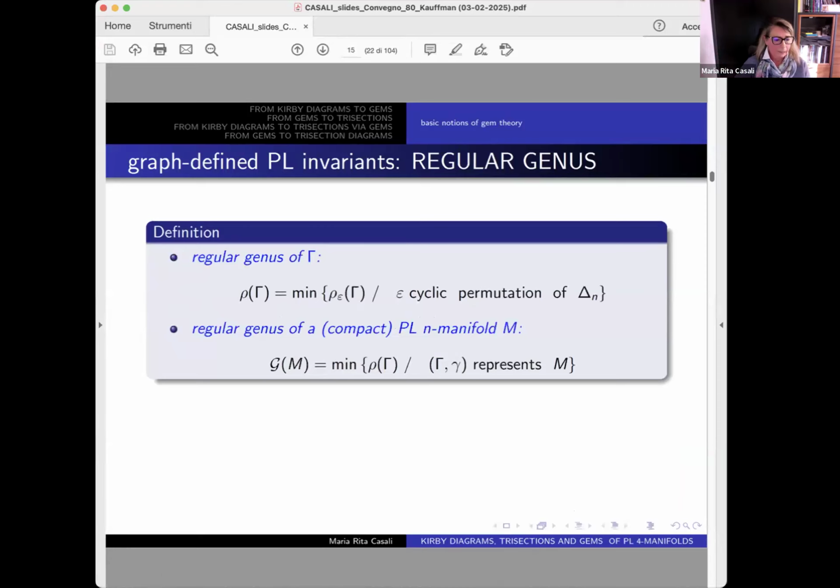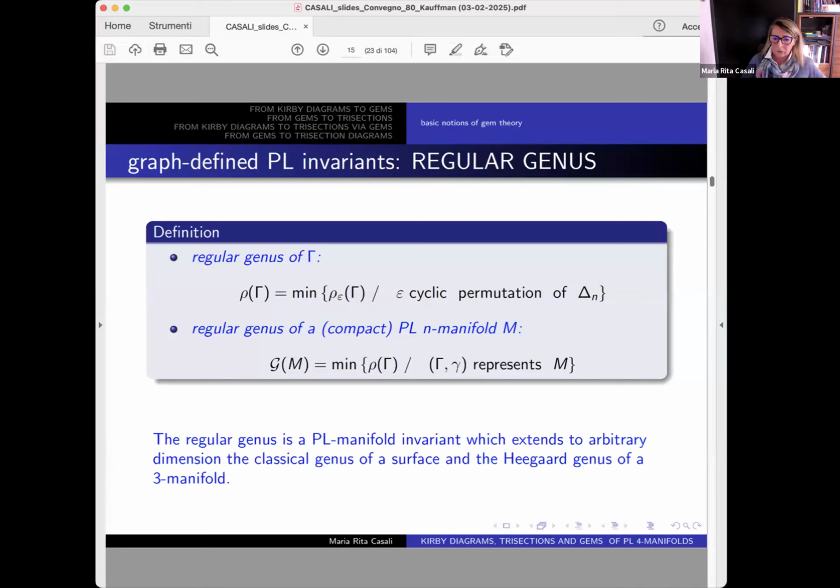Well, by taking the minimum genus over all cyclic permutations of the color set, we obtain the regular genus of the graph, while the regular genus of a manifold is obtained by taking the minimum over all graphs representing the manifold. Hence, the regular genus of a PL manifold is nothing but the minimum genus of a surface in which a gem of it regularly embeds.